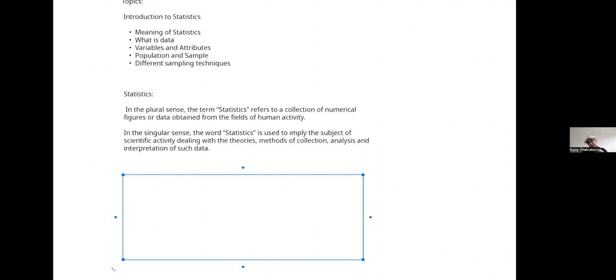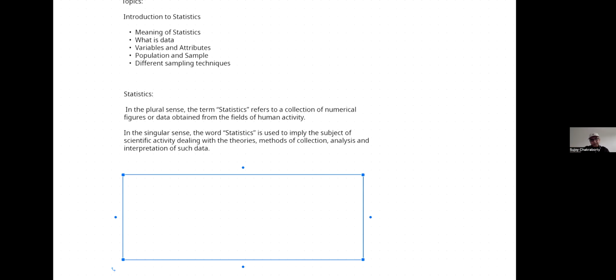For example, we took this example of rainfall, okay? Based on the average rainfall, maybe let's say that we compute for the past 10 years or 15 years for a given city.